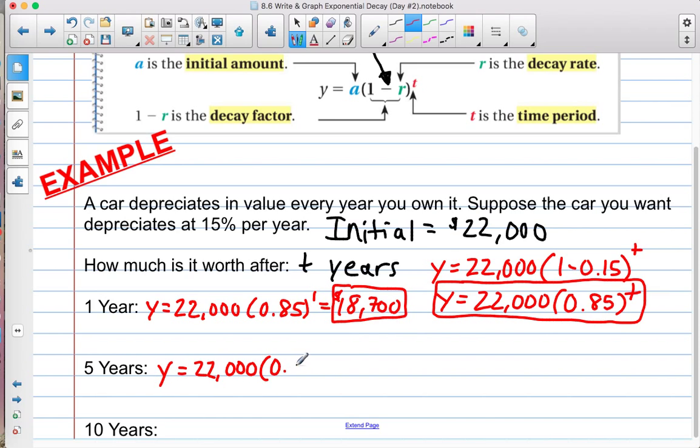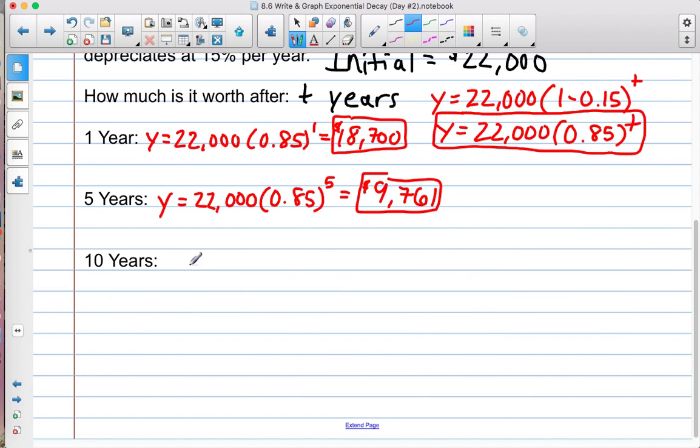It's only gotten back 85% of its value each year, and it's done that for 5 years. So I do 0.85 to the fifth power, multiply that by 22,000, and I now find the car is worth $9,761.